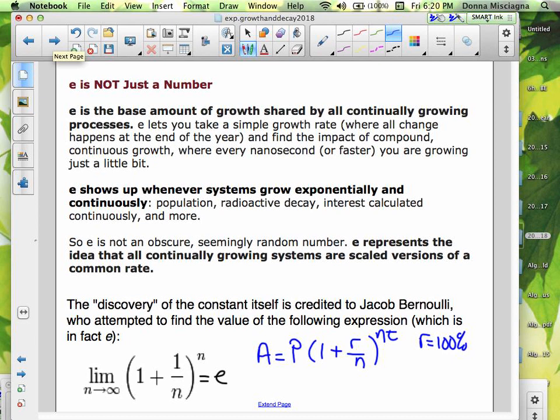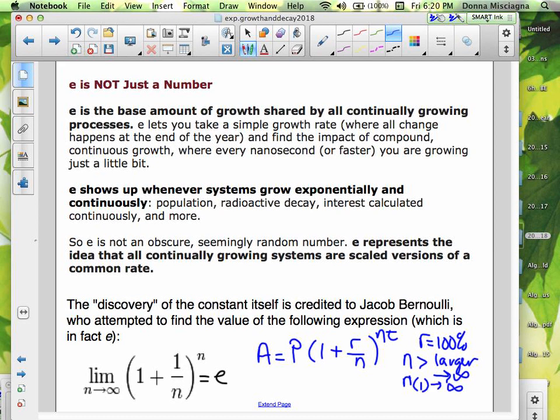Where r is 100%. n gets larger and larger and larger. It just keeps on growing, so it's going to infinity, which is what we did on the other slide, right? And this nt power is now just n times 1, because our r is 1. n times 1, right?